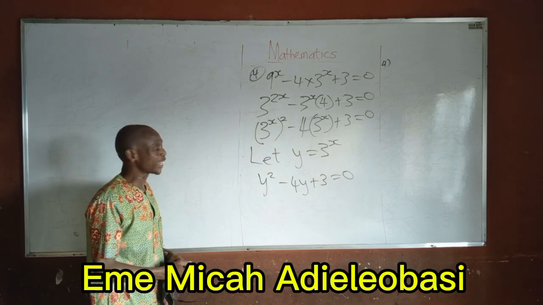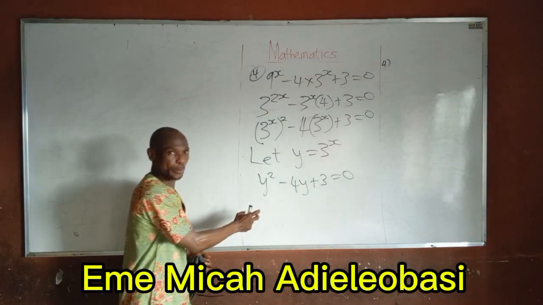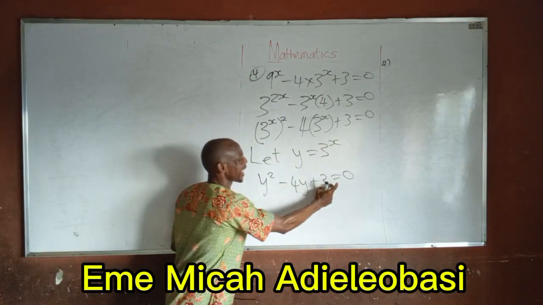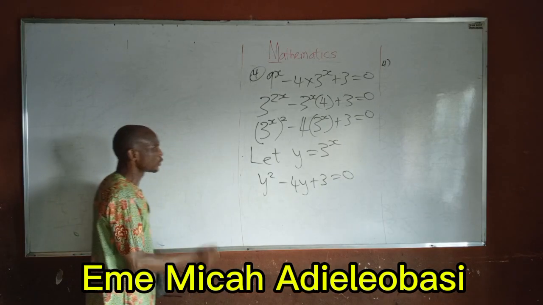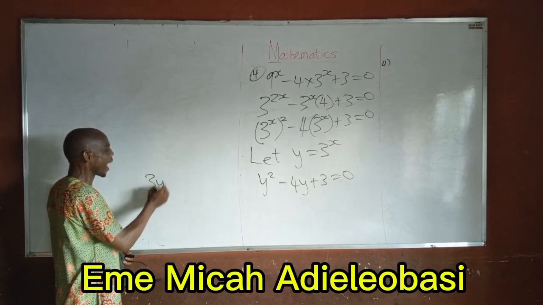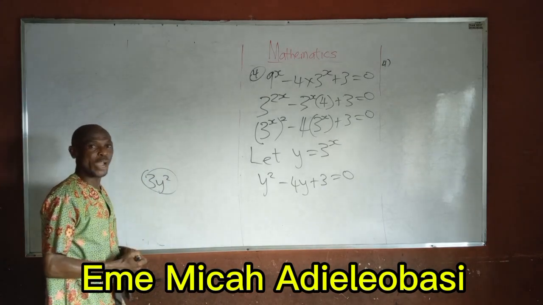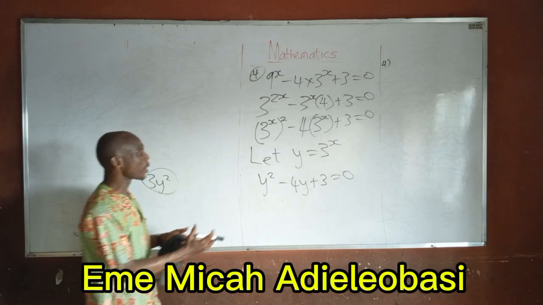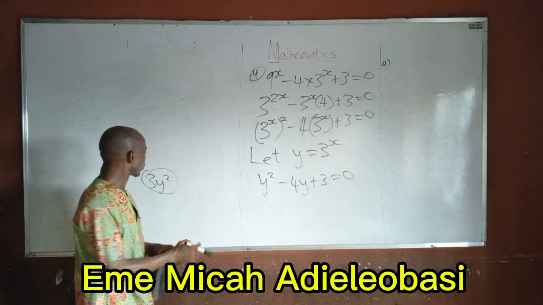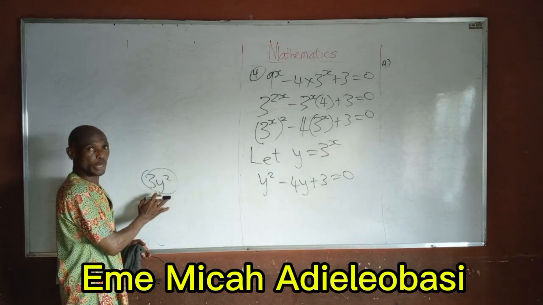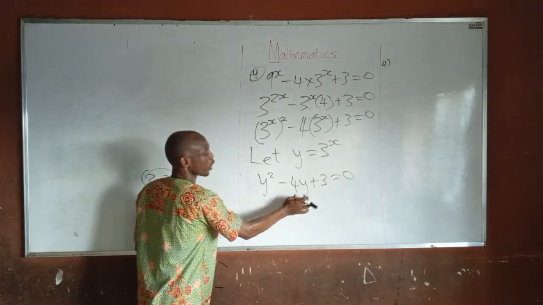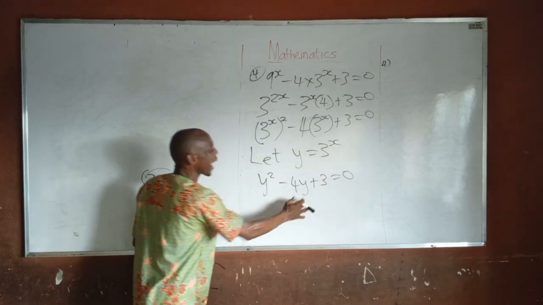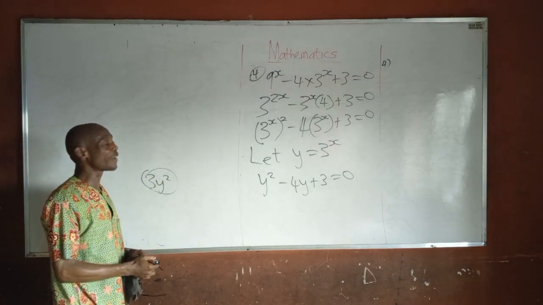In our factorization method, we look for the product of the first term and the last term here. And that gives us what? 3y squared. We are going to look for two values whereby if we multiply them, it is going to give us this product, but when we add them up, it's going to give us minus 4y. And what will be that value?